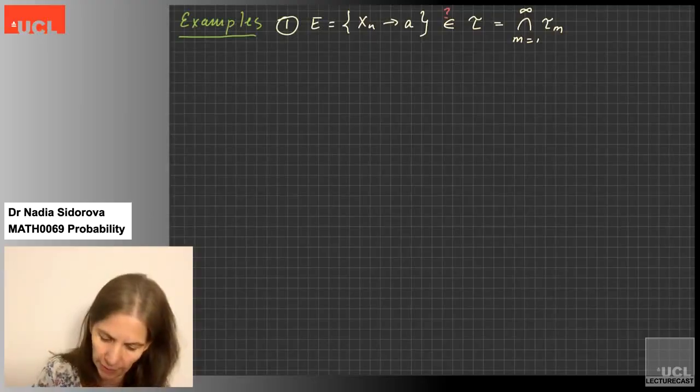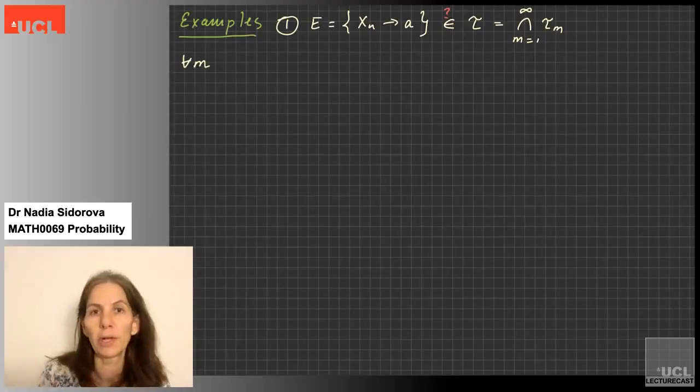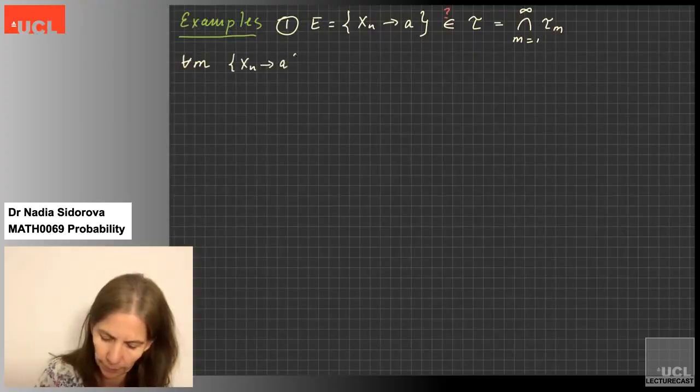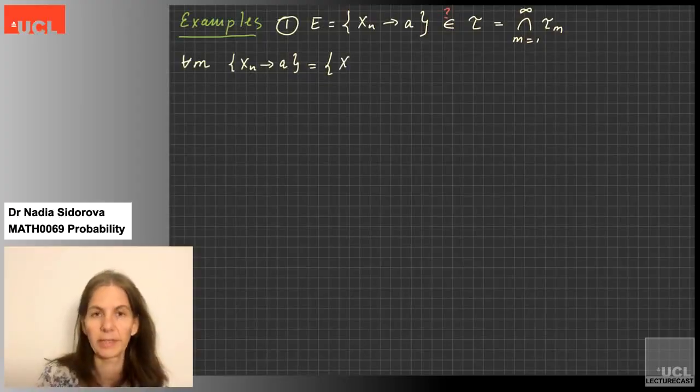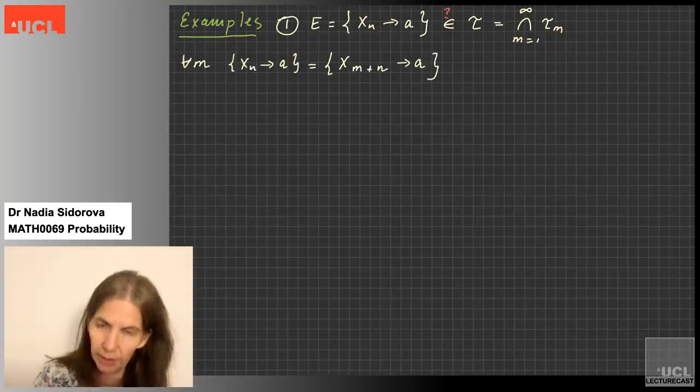So I fix an m, and I'm going to say, well, this event is the same as the event when the sequence shifted by m, so m plus n converges to a, right?